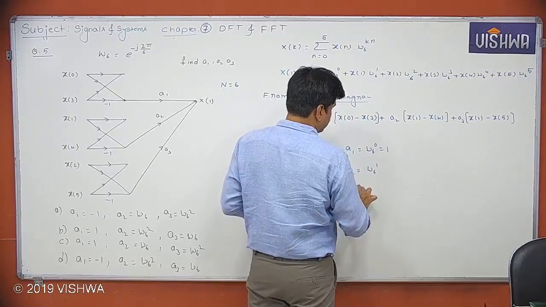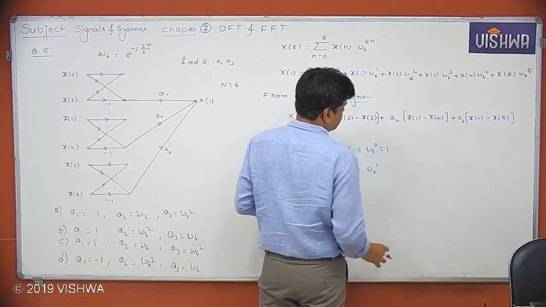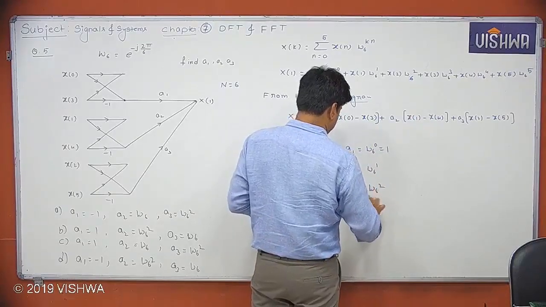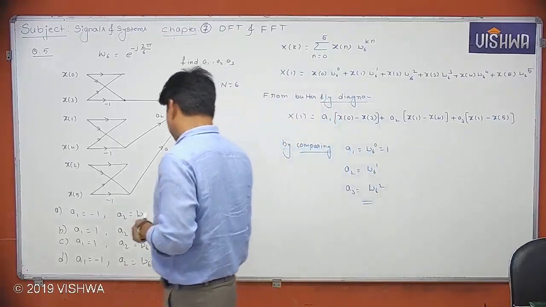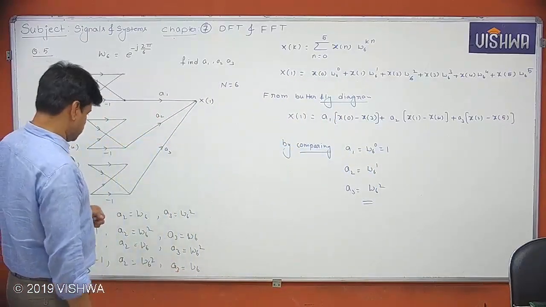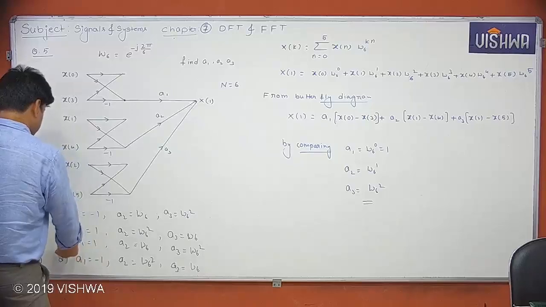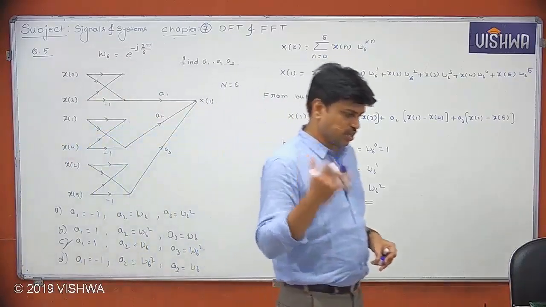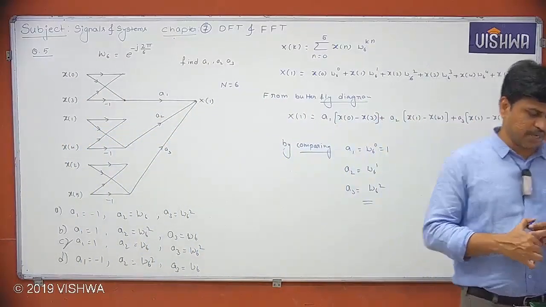What is a3? That is the coefficient of x2, which is w6 power 2. This is the answer. So option C is the correct answer. Clear or not? Without doing anything, we can solve it in an easy manner.